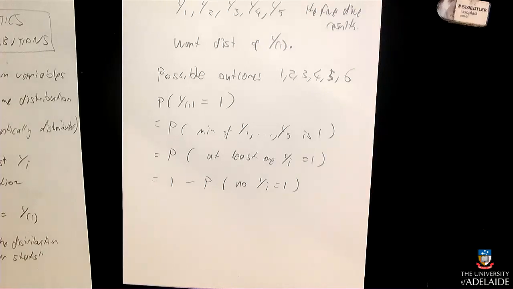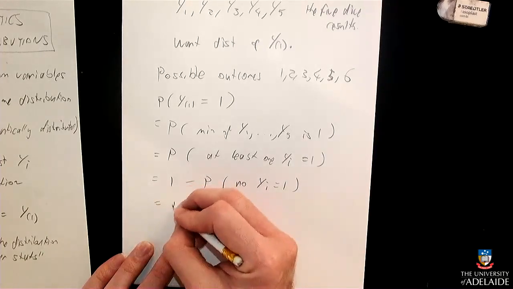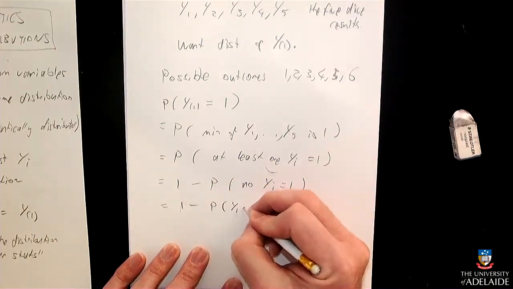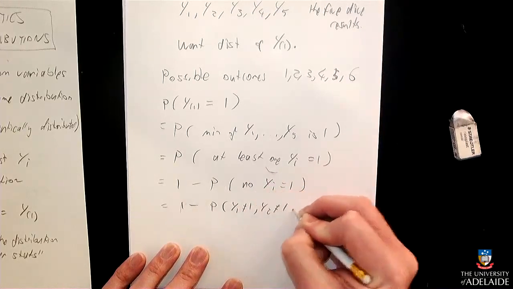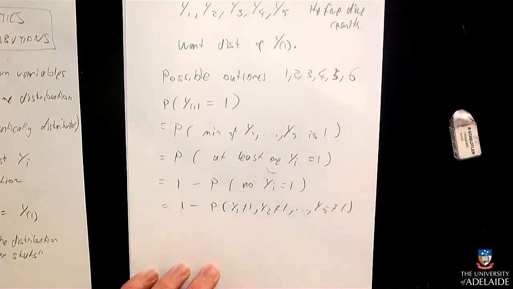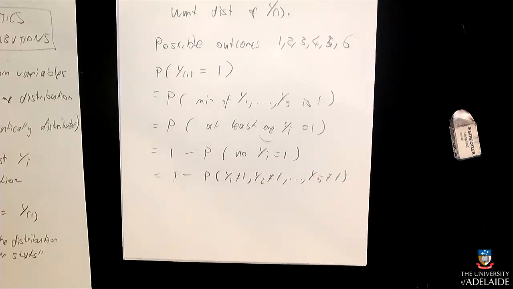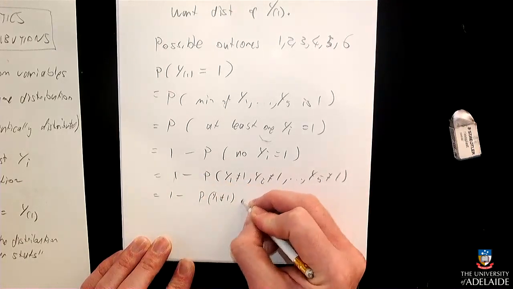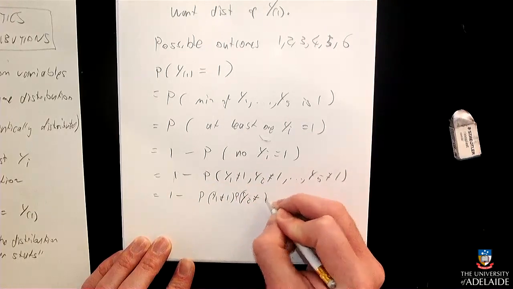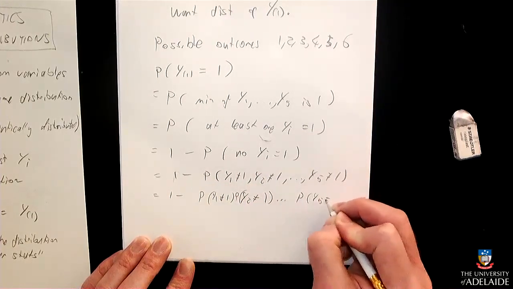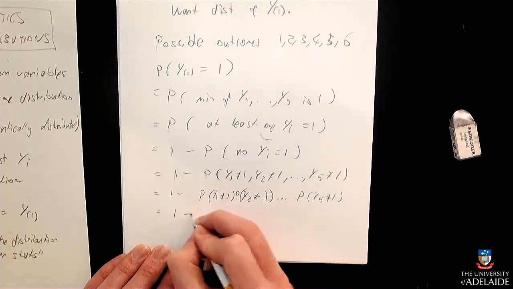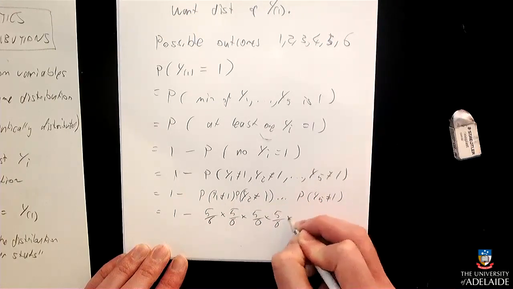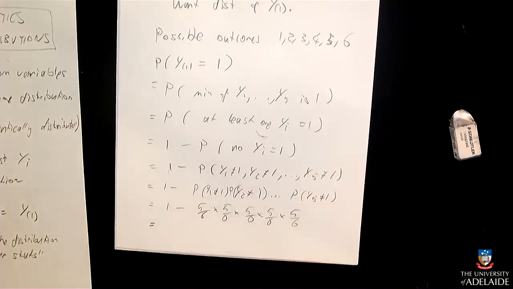Well, that's good. I can do that one because that's 1 minus the probability that y1 is not 1, y2 is not 1, up to y5 is not 1. And they're all independent, so I can separate those into separate probabilities. I know the probability of not being 1 is 5/6, so it's 1 minus (5/6) to the power of 5.